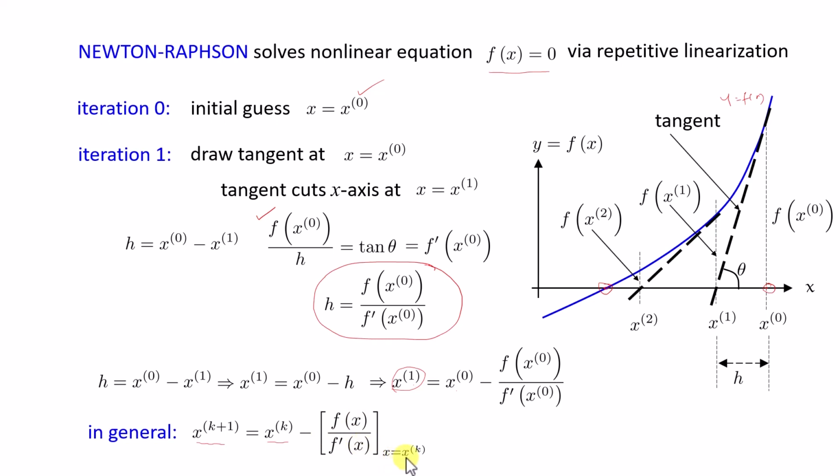And this relation we can use repetitively until we hit the convergence criteria, which should be that the absolute value of f of x is less than some predetermined, user-defined value epsilon, which will be a small real number.